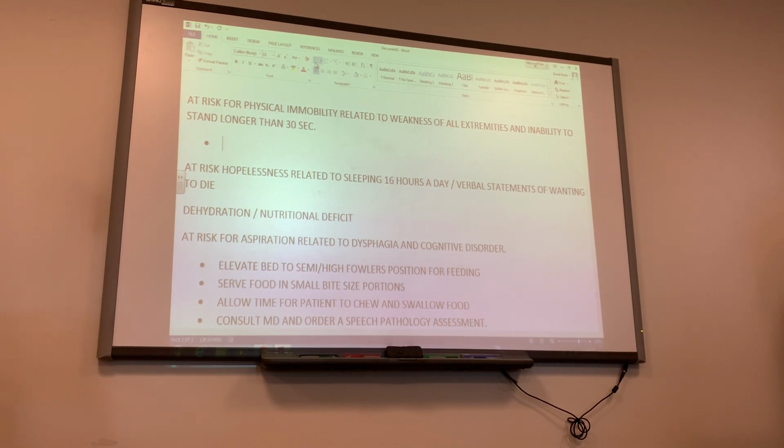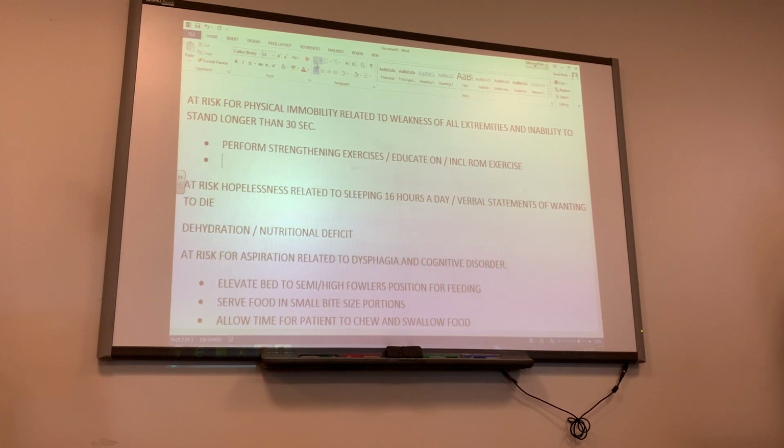Perform range of motion exercises, strengthening exercises. Okay. Or educate on, or including range of motion exercise.